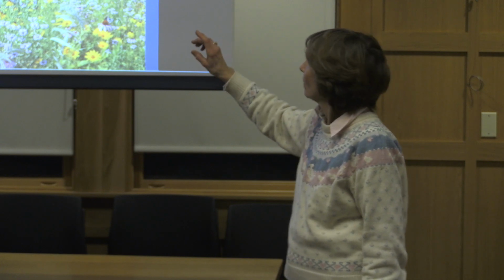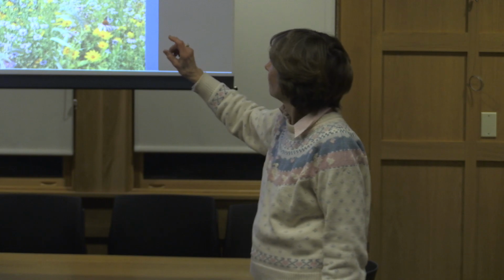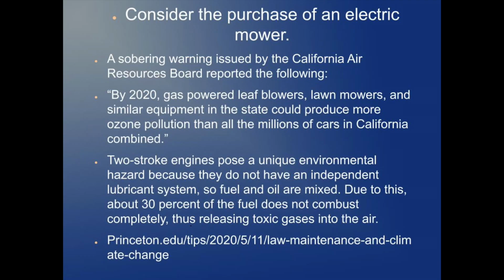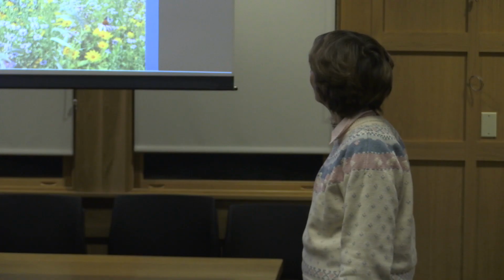So I just want to say that 2-cycle, I'm not sure if I understand what a 2-cycle motor is, but most lawn mowers and most lawn equipment use a combination of gasoline and oil and are much more highly polluting. So there we have it.